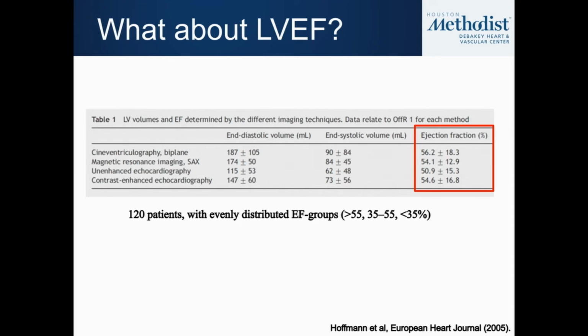But with CMR, you're also including that basal slice and that LVOT slice that we're not really assessing. And that can increase your EDV by a slightly greater extent than what it does to your ESV.